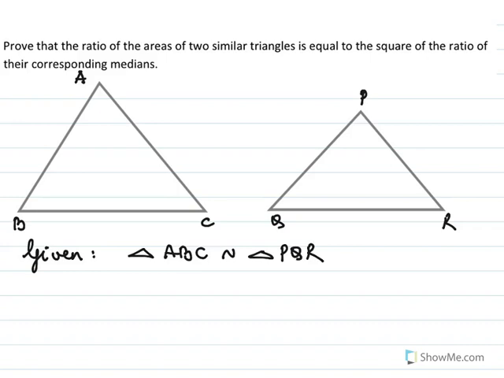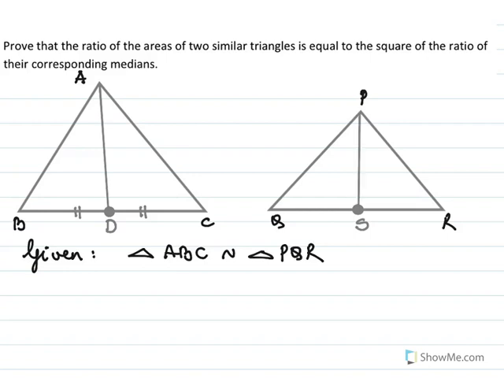To draw the medians, we have to first take the midpoint of BC here and then join A to the midpoint, and we'll take the midpoint here as D. So these are equal. Then to draw the median, in the next case we take the midpoint of QR, which we will name as S, and now we join PS.